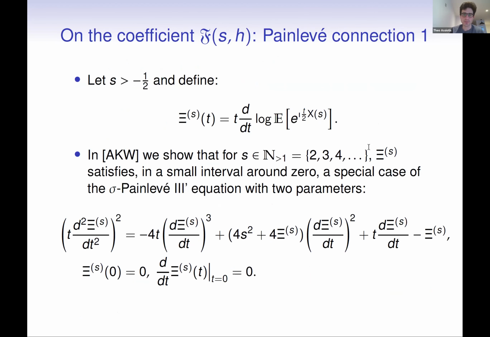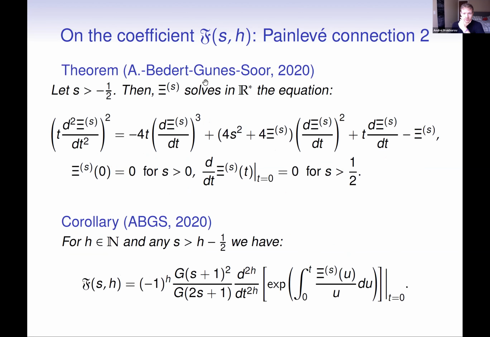And then in this subsequent paper, we can prove that this solves the same equation in R star. So we don't want 0. The starting point is different, as I said, and the way to prove it is different. Of course, we have boundary conditions.